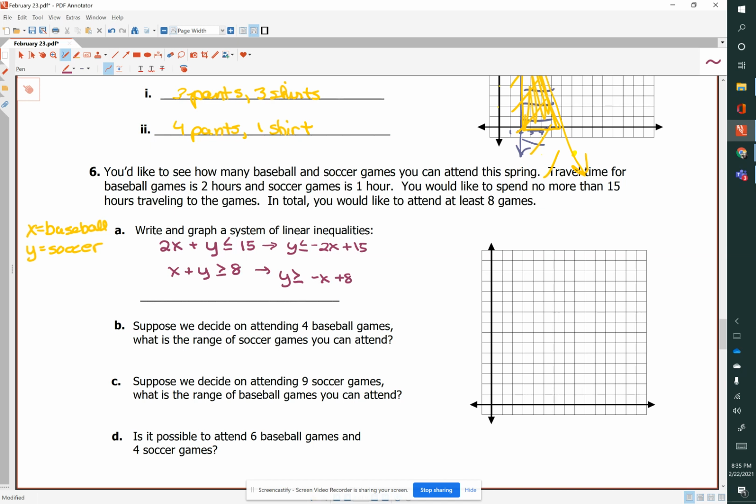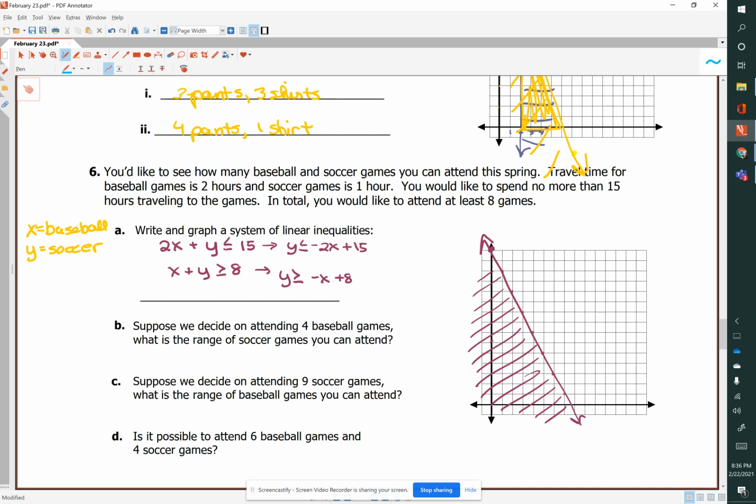So let's graph that. We have a y-intercept of 15, 3, 6, 9, 12, 15, and a slope of negative 2. And those will be solid lines. In this case, we would shade below the line. And then y is greater than or equal to negative x plus 8.